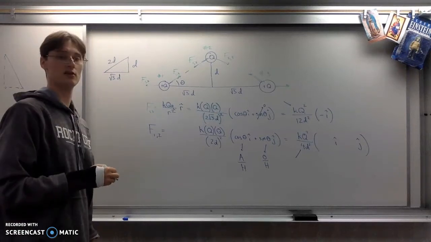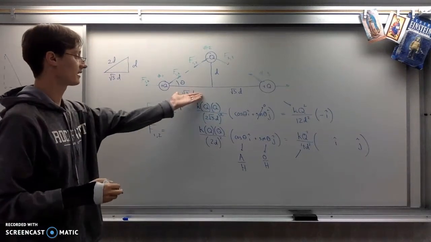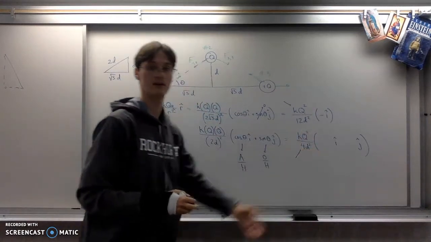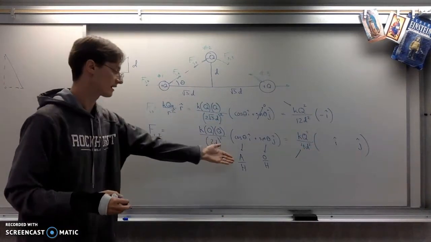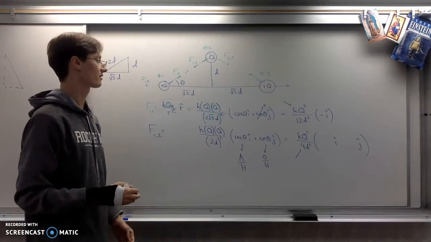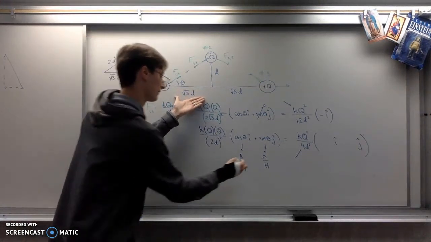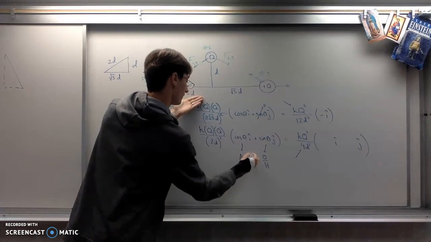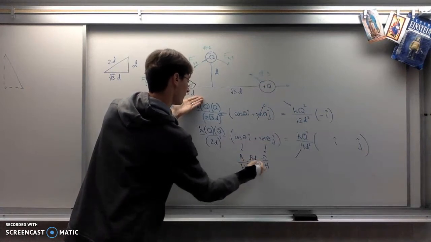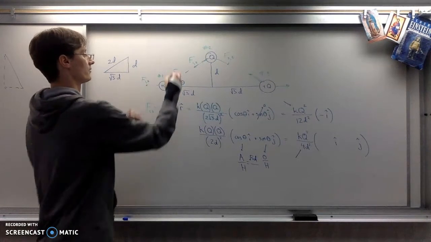The next thing that you're going to do to find the i component of the force is you look at the adjacent and the hypotenuse. So there's the adjacent side, root 3 d. The hypotenuse is 2d.